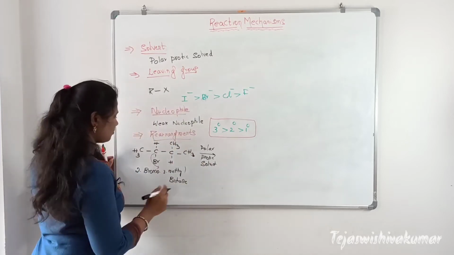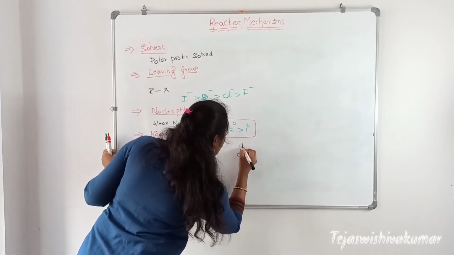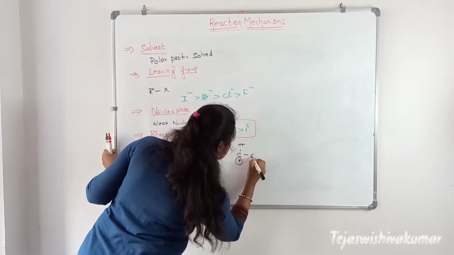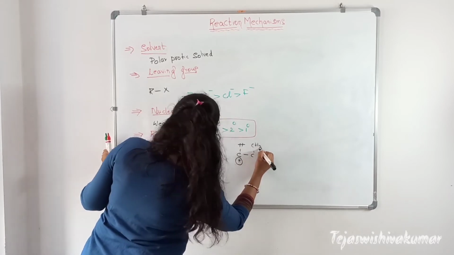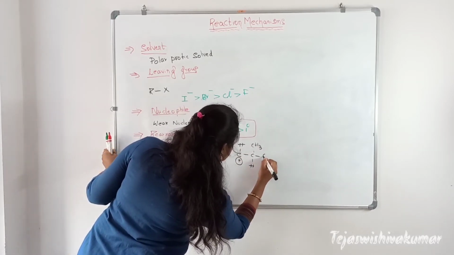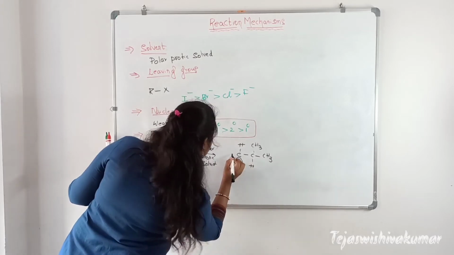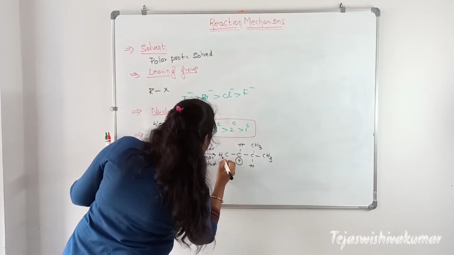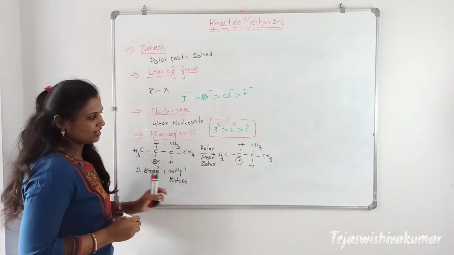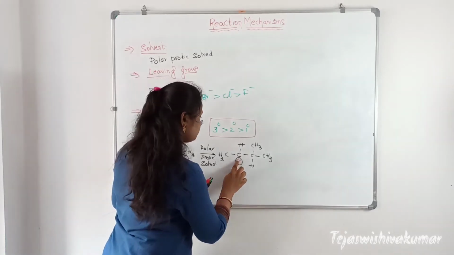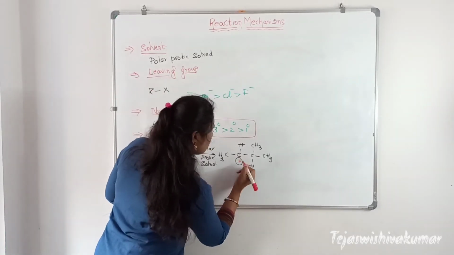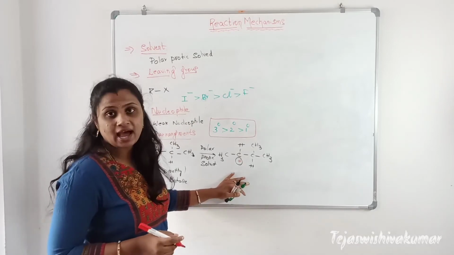Now I will get the carbocation, CH3. See, now I have got the carbocation like this. So now look at this carbocation.